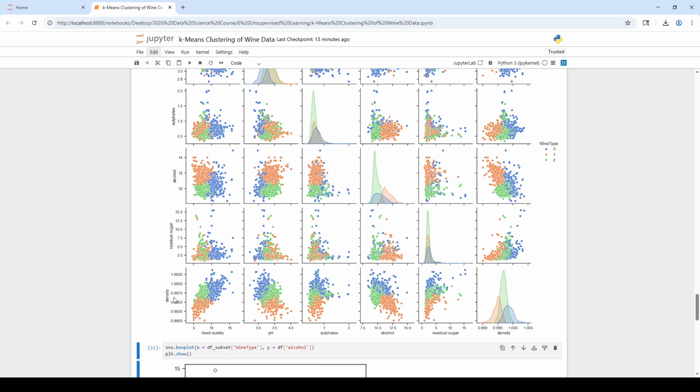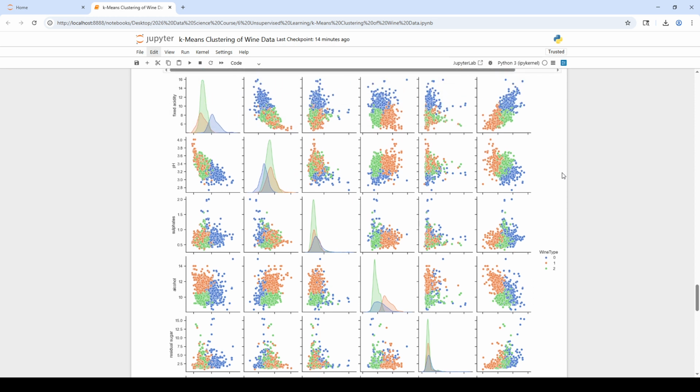And of course, you can see 3 different wine types over here, colored blue, orange, and green. They're associated with wine type 0 for blue, 1 for orange, and 2 for green. So you can examine the properties of each and every wine type. But visually, at least, it looks like these green points share similar characteristics.